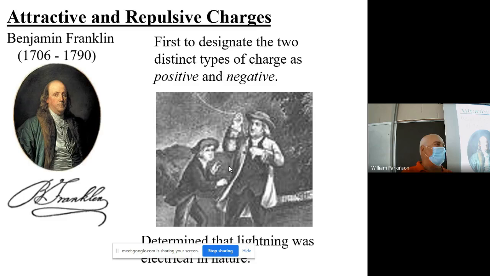He invented bifocal glasses that could help you see close and far away. He invented a certain stove that you could put into your house and it would radiate heat really effectively, called a Franklin stove, that you could build a wood fire in. Instead of needing a fireplace, you could run a pipe out of your wall and put this radiative stove in your house, and it would heat your house up. He was an engineer.